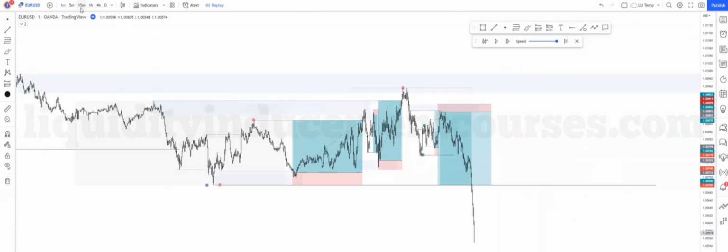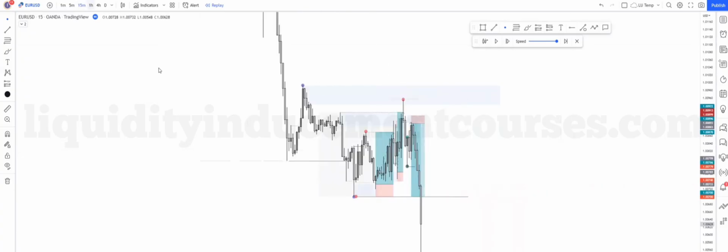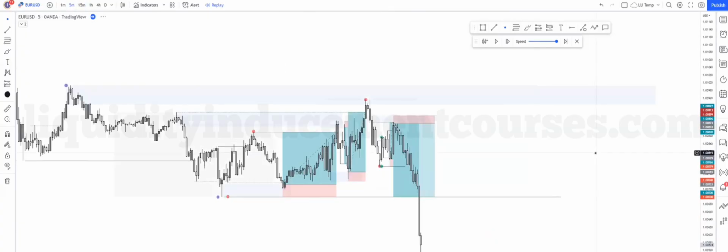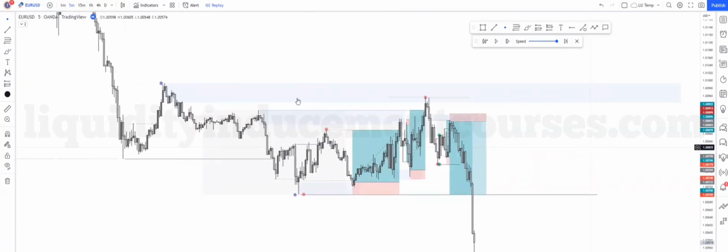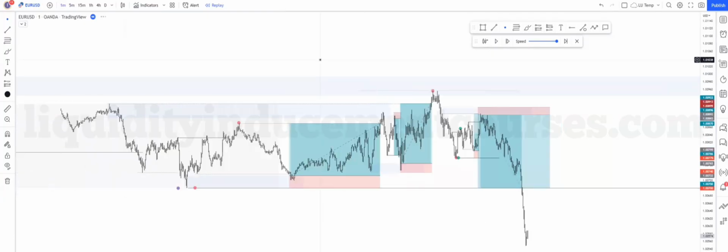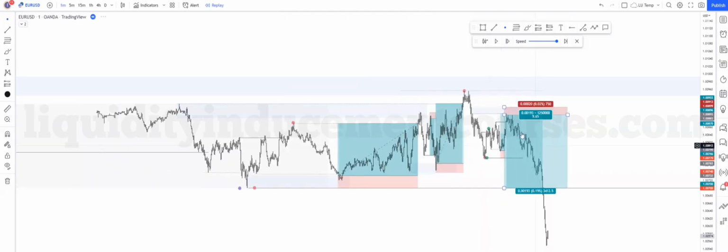So this is how it looks on the 15-minute. This is how it looks on the 1 hour. And this is how it looks on the 5. And this is how it looks on the 1. Nice trades. And all of this was before even New York opened.